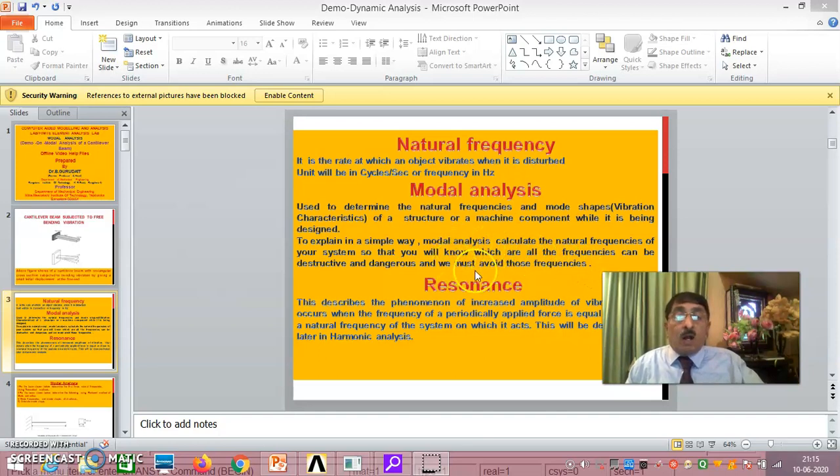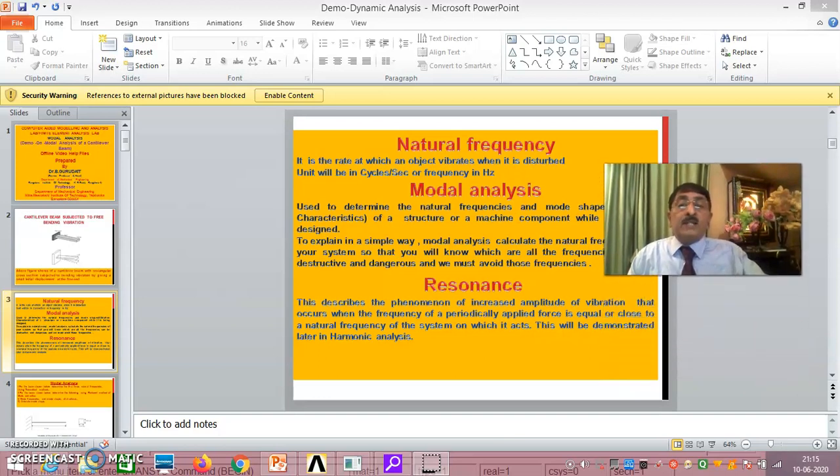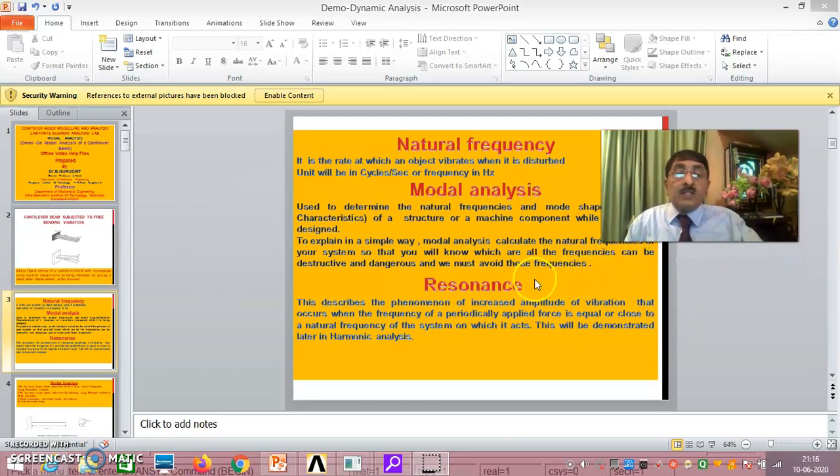If it rotates at 1800 RPM, resonance picks up and massive amplitudes develop, and as a result there will be massive stresses and the structure might collapse. That is the importance of modal analysis: whatever natural frequencies you get for a system, you should not operate at those frequencies, because if you operate at that frequency, the resonance picks up.